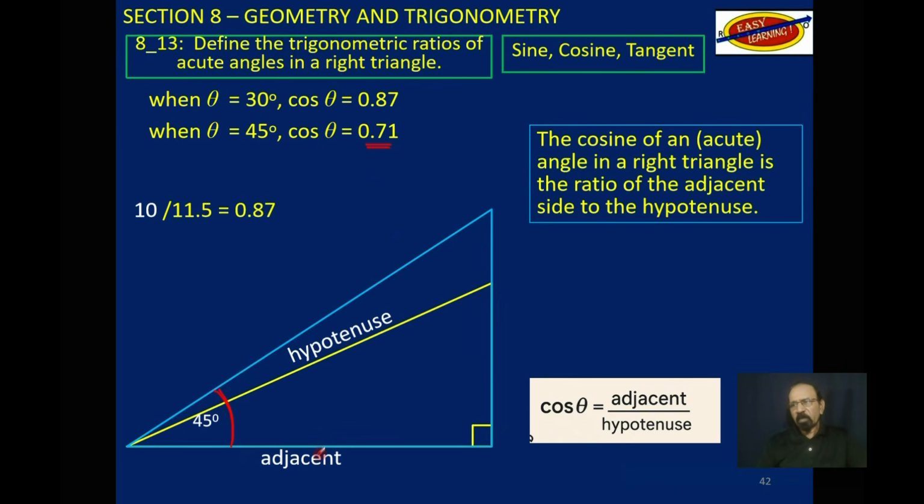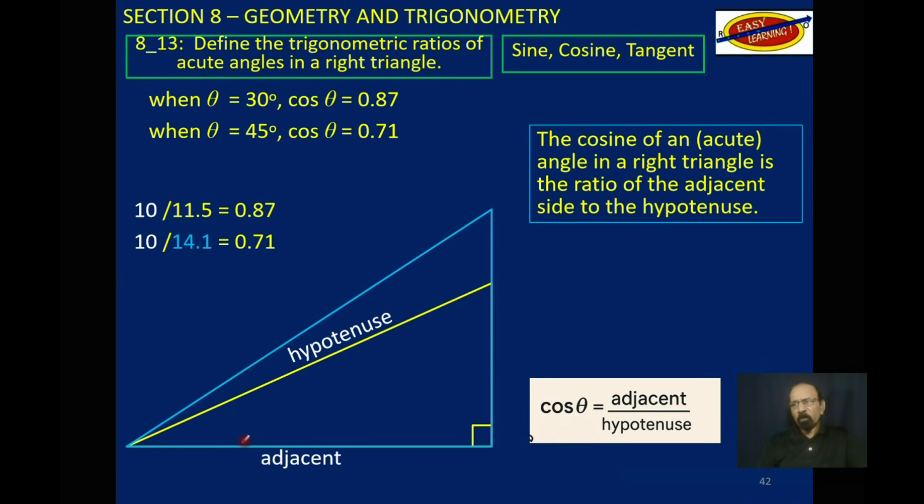In other words, this adjacent is now only 0.71 of that hypotenuse. So if this adjacent remains 10 and the hypotenuse becomes 14.1, it is longer than this 11.5 down here. And we divide those two, we will get 0.71. That is at 45 degrees.